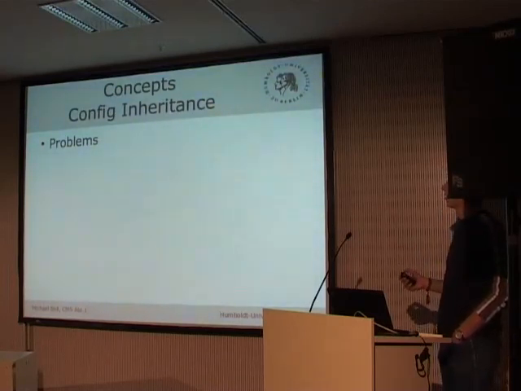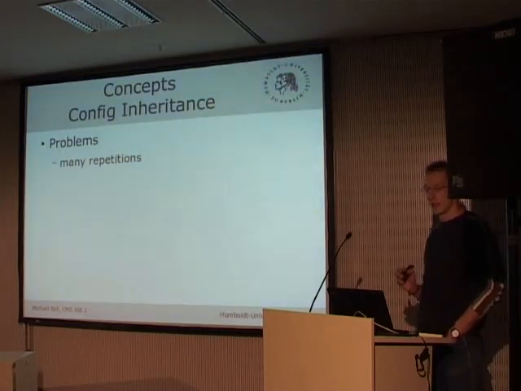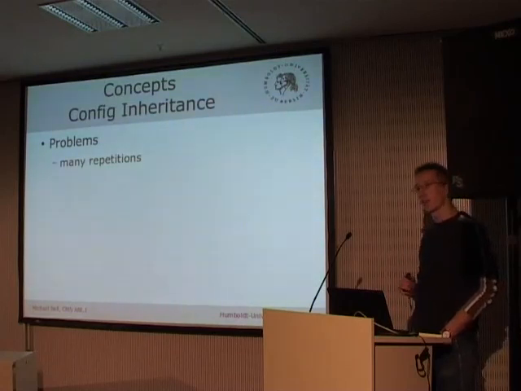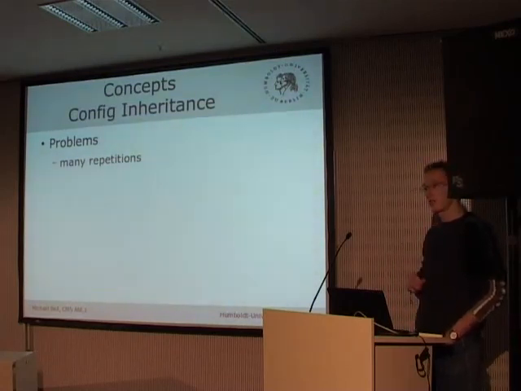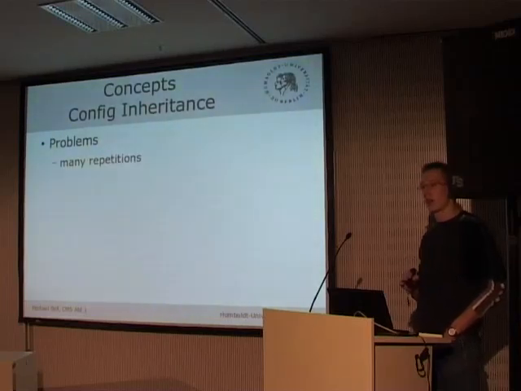Another feature which was often requested was configuration inheritance. The common problem in configurations for CA systems is that only very small parts of the configuration really change. Usually you have to change some information for the private key and the name of the CA system, but most information, if you have a PKI introduced in your company or university, is static.